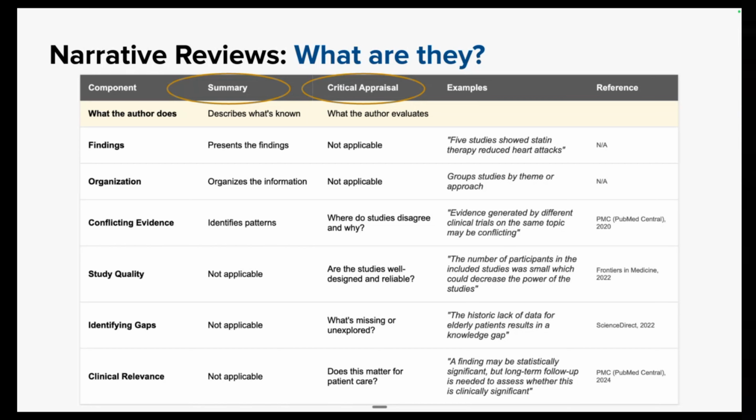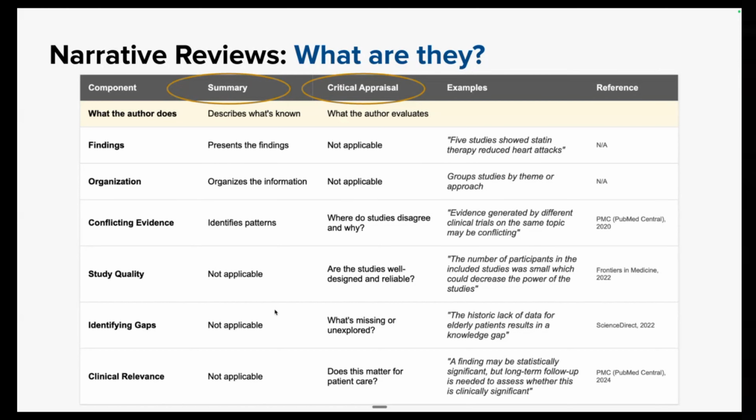That's my job. I'm summarizing and critically appraising, and I'm saying, well, okay, but I don't feel great about this because the sample sizes, the patient populations, are really small. And coming out the other end of that, you might say, we need to do more research with much larger patient populations.